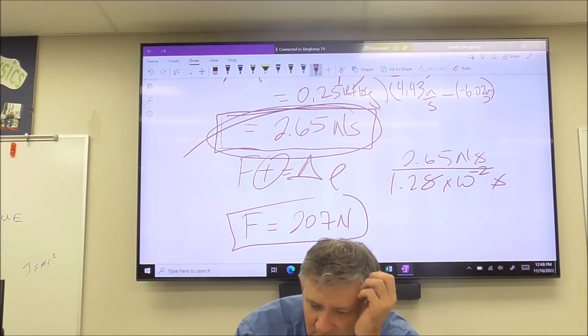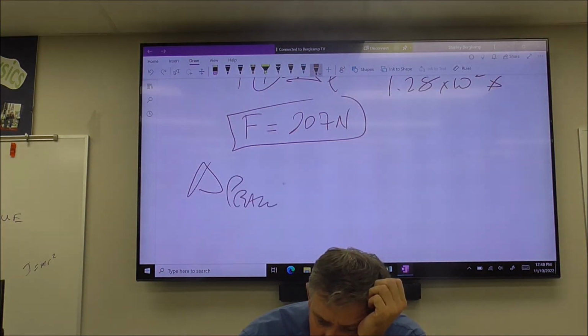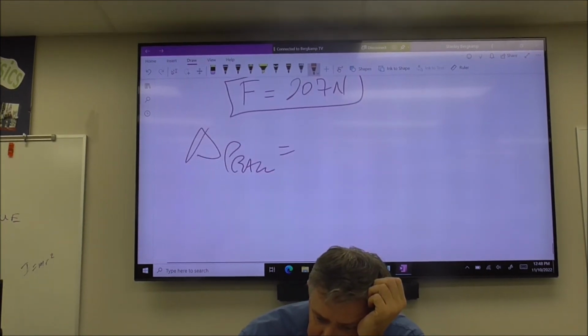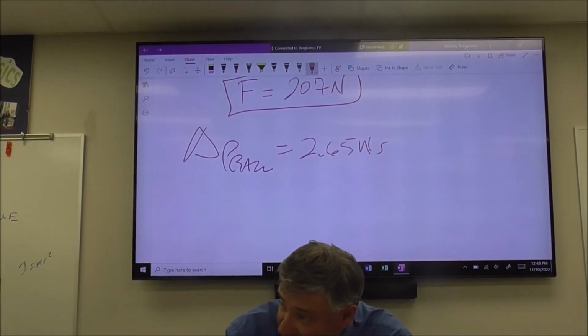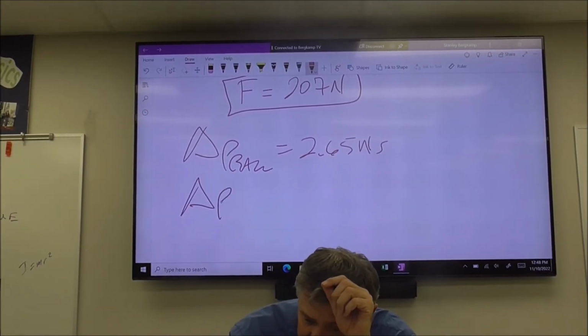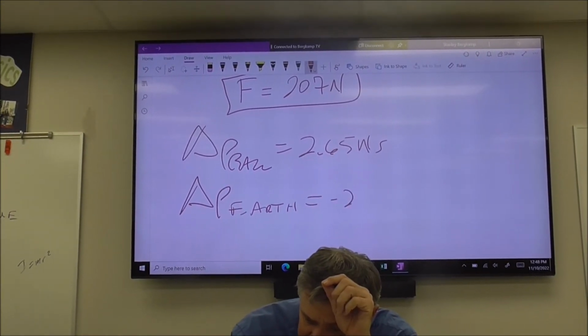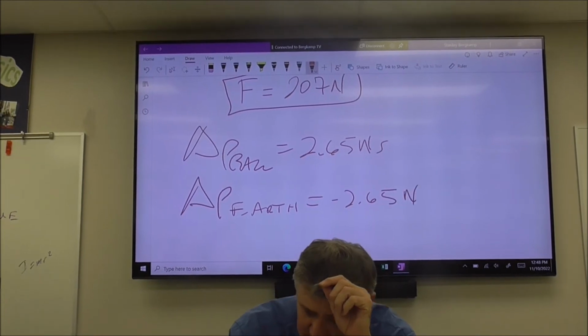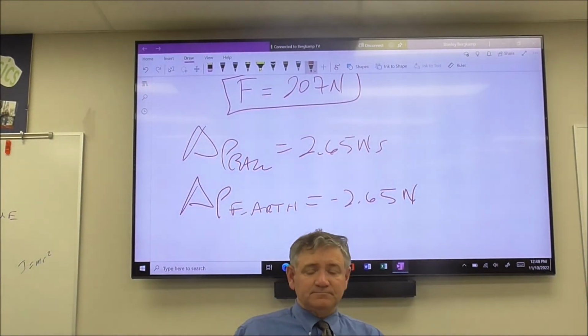So if the change in momentum of the ball is 2.65 Newton seconds, because momentum has to be conserved, what's the change in momentum of the earth? Negative 2.65 Newton seconds. Changes in momentum are equal and opposite.